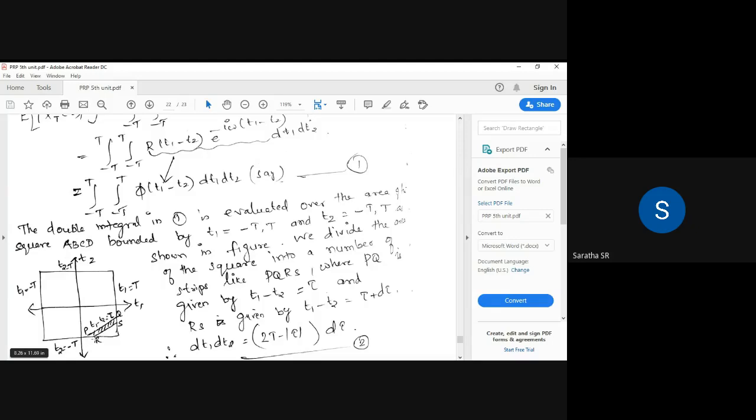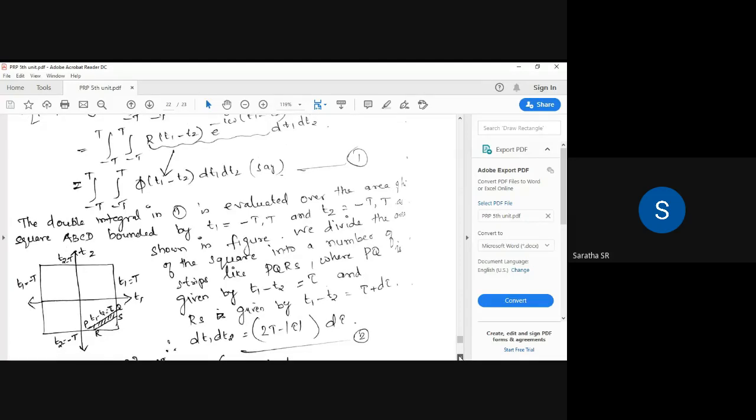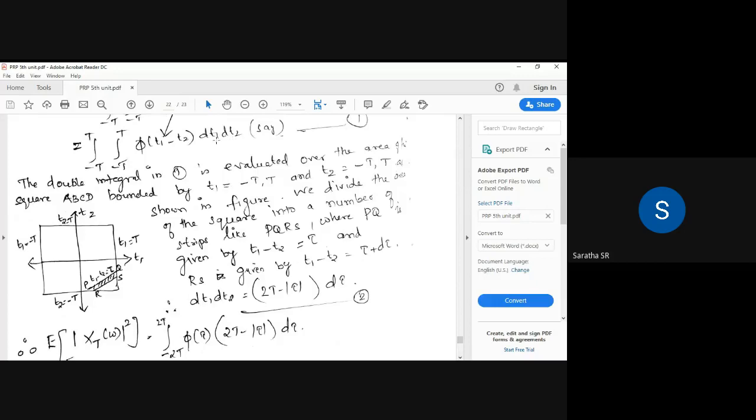In the same way we take another strip, QRS. That is also tau, meaning after some time we get this ds. That's why we include a small time increment. If we include that, we get tau plus d tau. Then we do dt1 dt2.